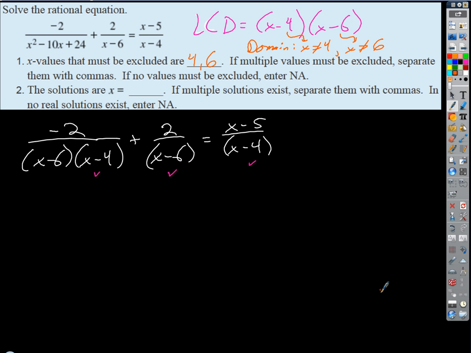Times the least common denominator. Okay, well, good. We're going to distribute through on both sides the LCD, right? Okay, so then what do we get if we do that? Let's look.